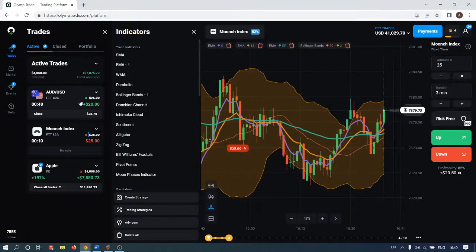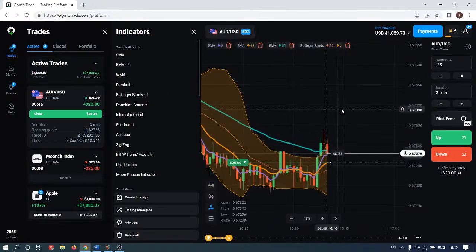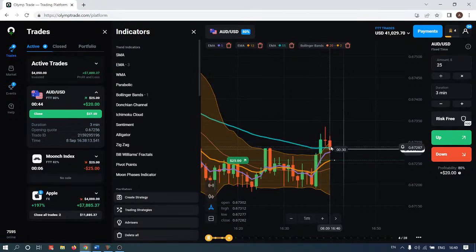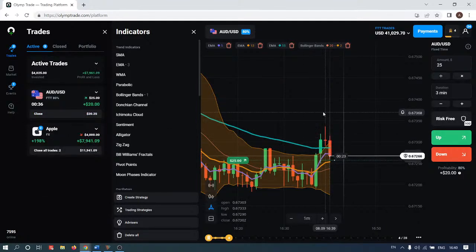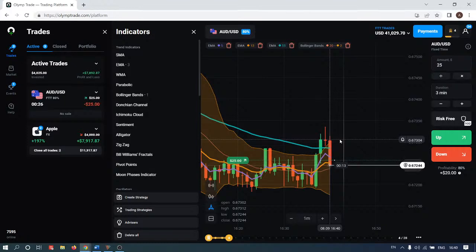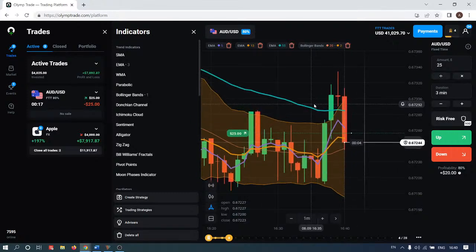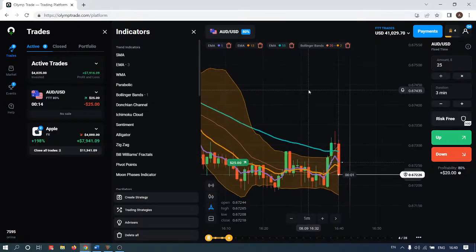So with Bollinger, I would definitely use the martingale system, and I would try to maybe open one trade and then wait for the current trade to close and see. And you cannot really have multiple trades simultaneously. You only can have one trade at a time. So that is very important when you do trade martingale. And well, yeah, Bollinger is okay, but in my opinion, I just don't like it.